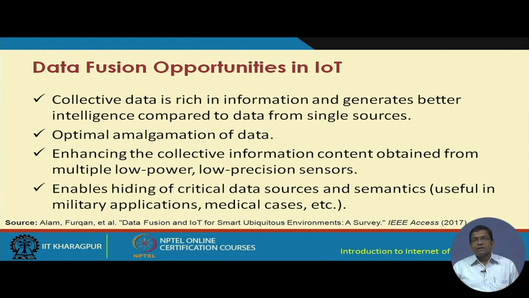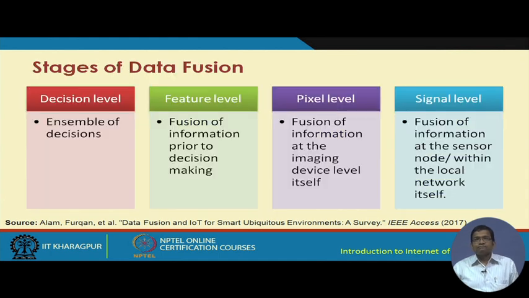Data fusion basically enables the hiding of critical data sources and the semantics, and that is useful for military applications and for medical use cases. The different stages of data fusion include decision level, which is talking about an ensemble, coming up with an ensemble of decisions. Then feature level, where the fusion is done with respect to the different features.